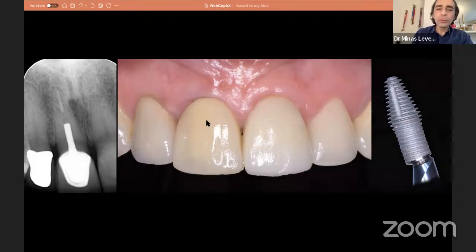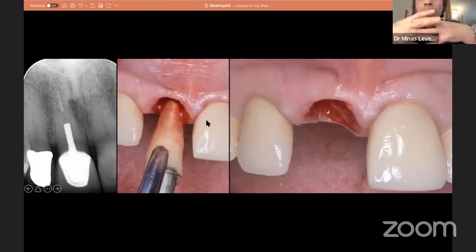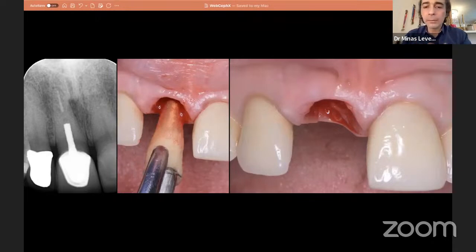We have to remove this tooth, and we have to do our best to give back a new tooth with a very good aesthetic and biological result. Again, we have to be very careful to remove the tooth without damaging the soft and hard tissues. We have to do a very clean extraction and then thoroughly clean and rinse the bone inside the socket.